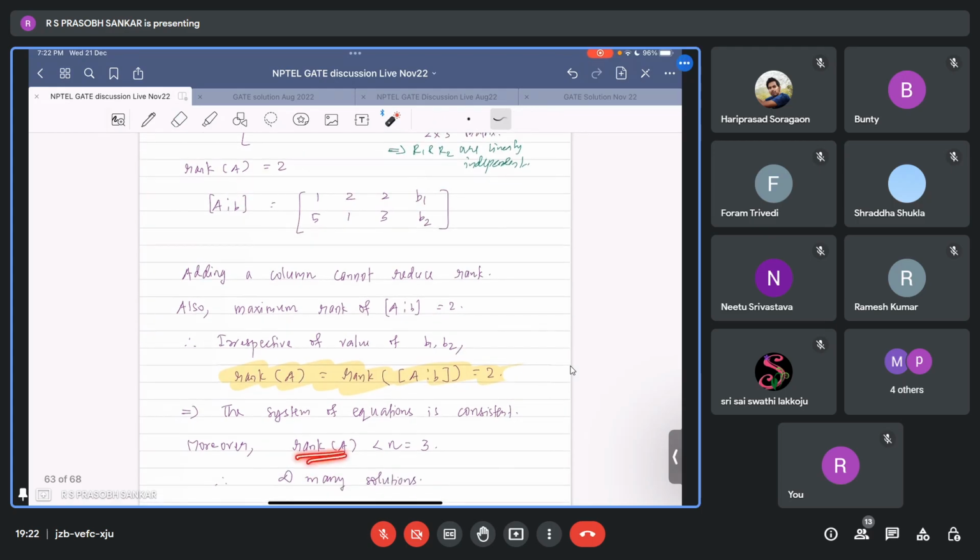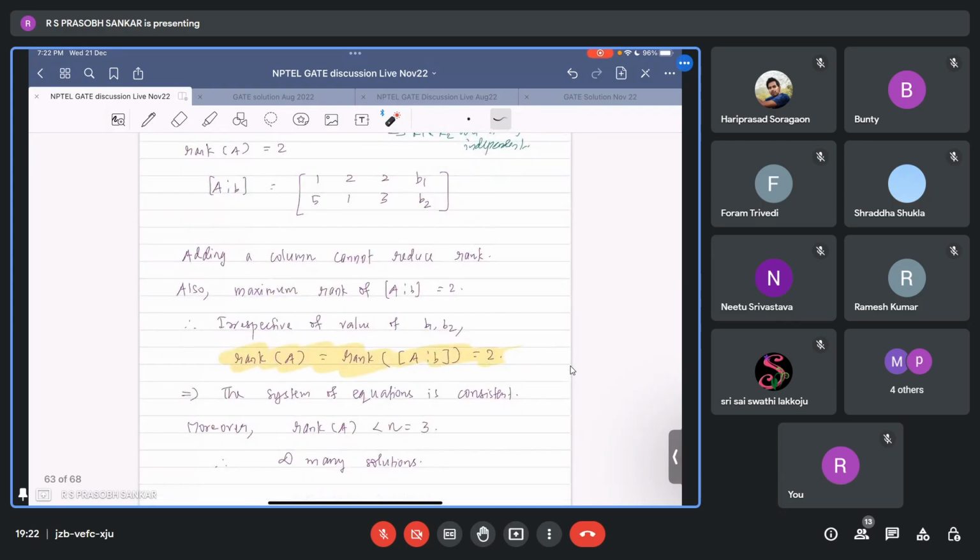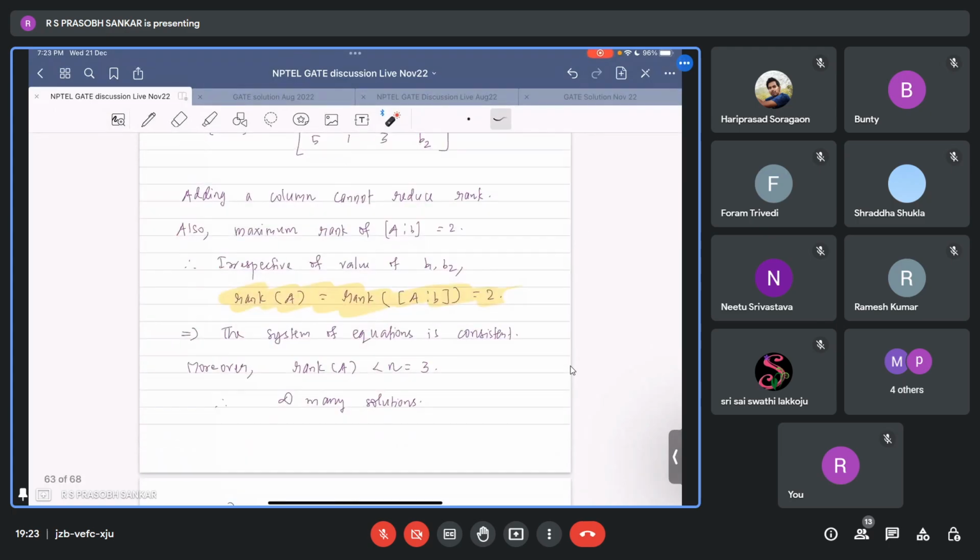Moreover, rank of A is less than n, which happens to be 3. So n is the number of unknowns we have. We have x, y, and z. So n equal to 3, m equal to 2. So what do we have? We have rank of A same as rank of A augmented B, which is 2, which is less than n. That means again this falls into the previous case, there are infinitely many solutions.